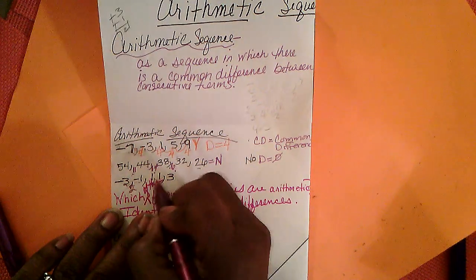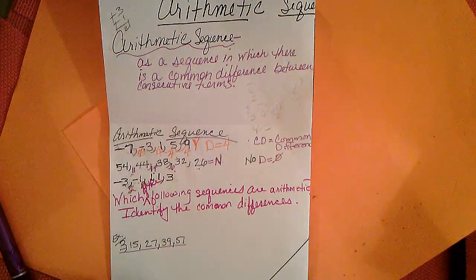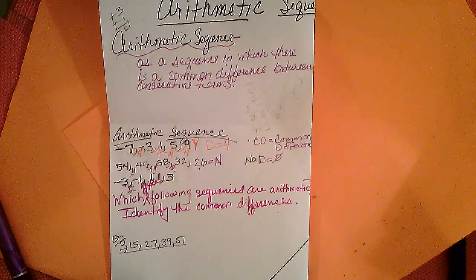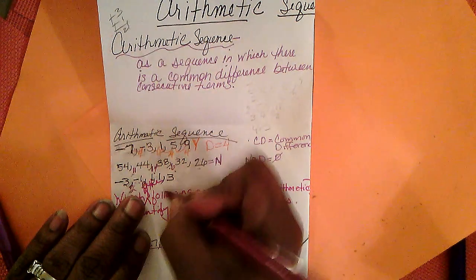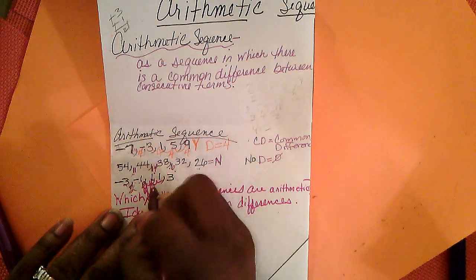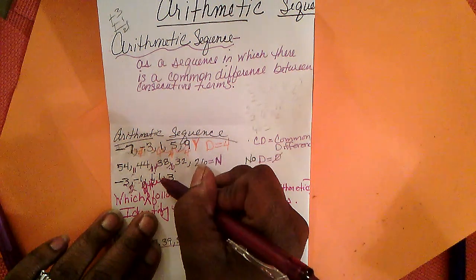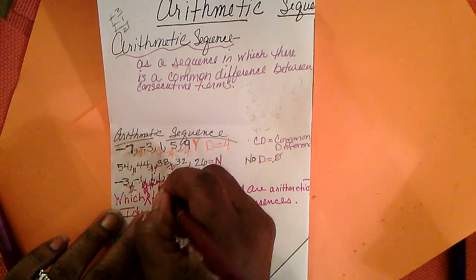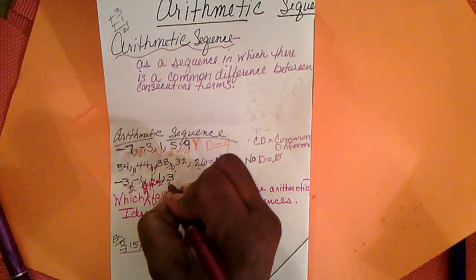Between negative 1 and positive 1, 2 is the difference, because remember, it goes from negative 1 to 0 to 1, so that's 2 spaces. And then 1 to 3 gives you 2.